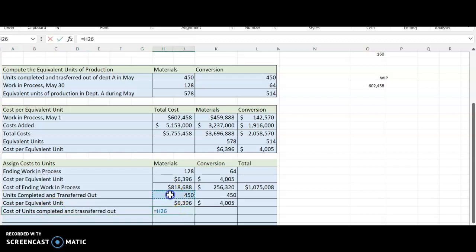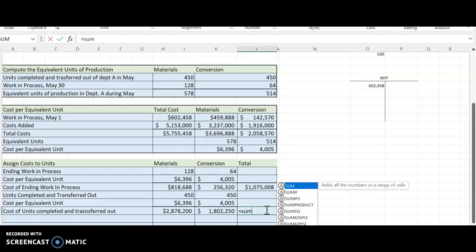Then get our total cost of these two, and that will give us our total cost of units completed and transferred out.